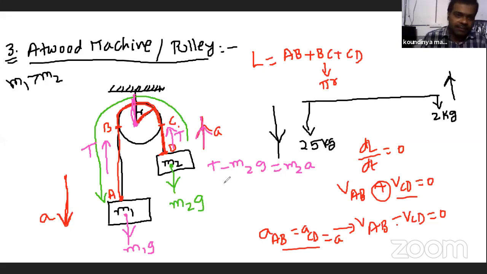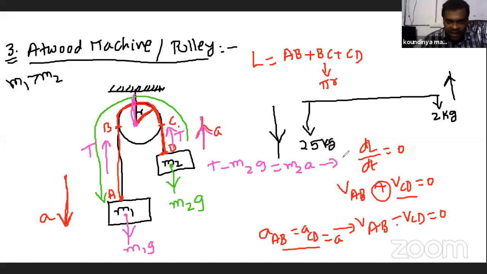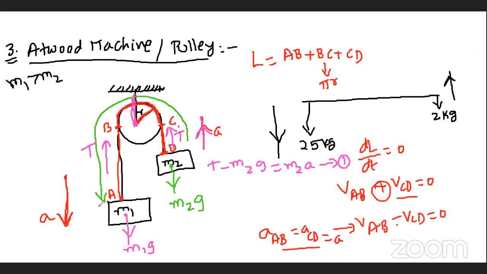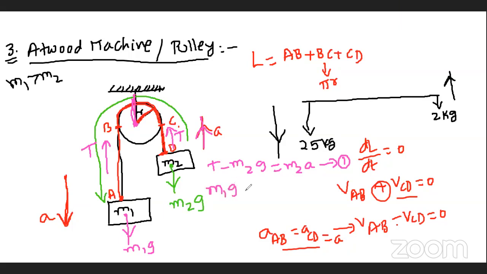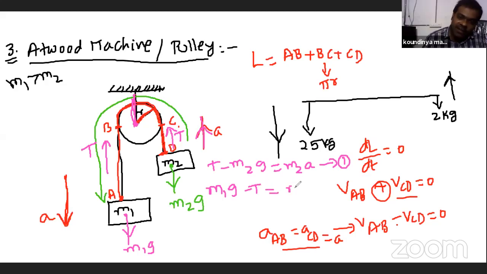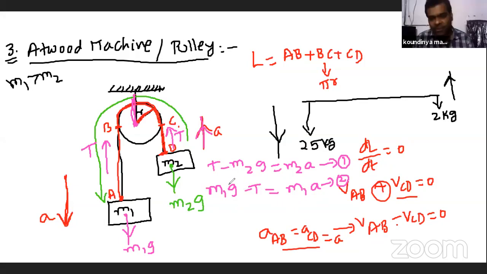Call it equation 1. Here for M1, it is accelerating down, so the downward force is more than the upward force. So for M1, I can write M1G minus T equals M1A. This is one manner.